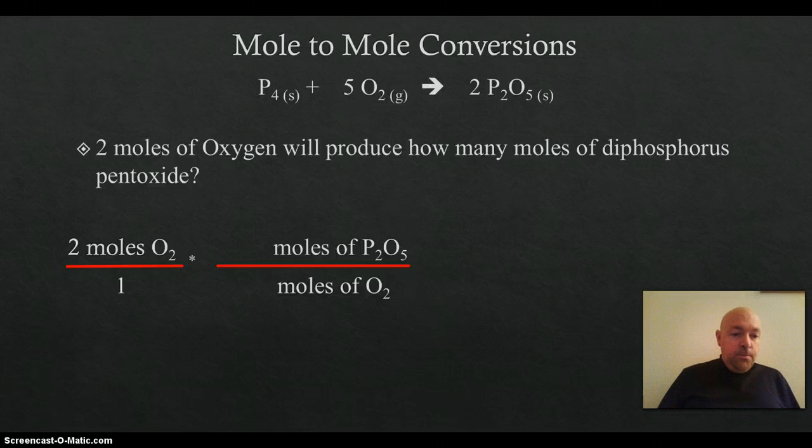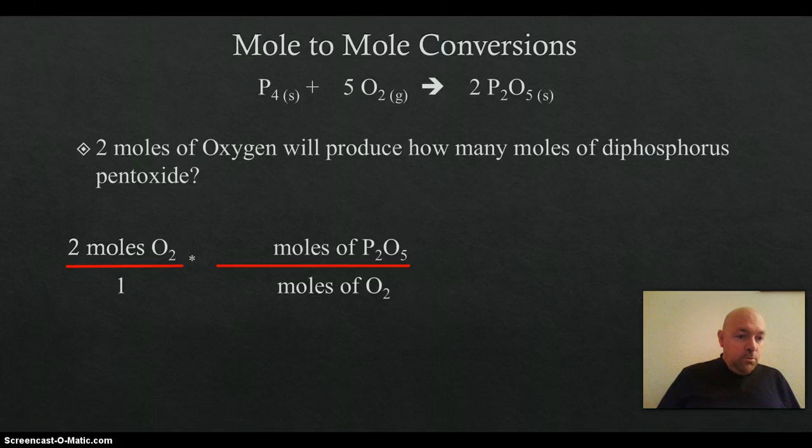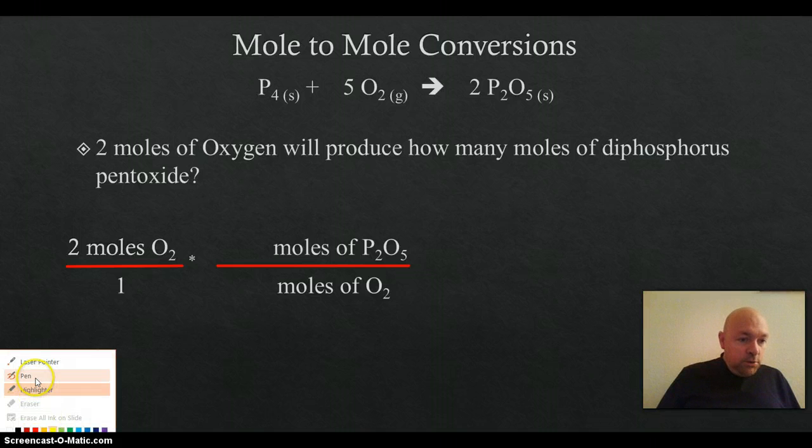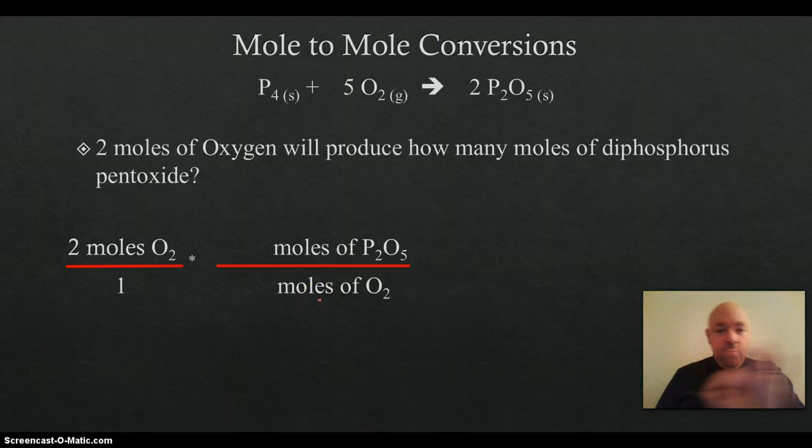All right, so the way I would do that basically is I'm going to start with, here, let me get to my pen. And I'm going to start with my 2 moles here of oxygen. And then you'll notice I'm going to come over here, and on the bottom I'm going to go times and then a fraction.